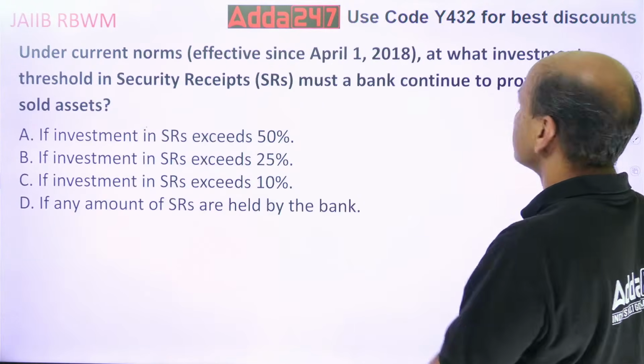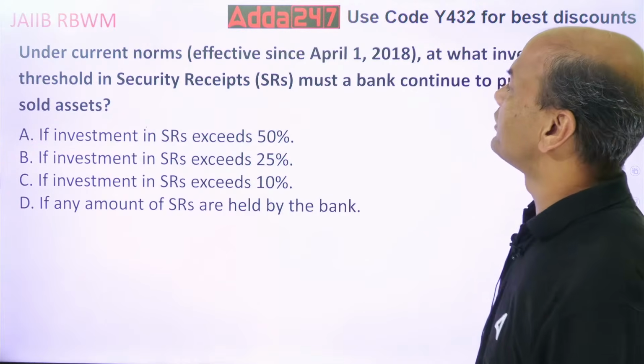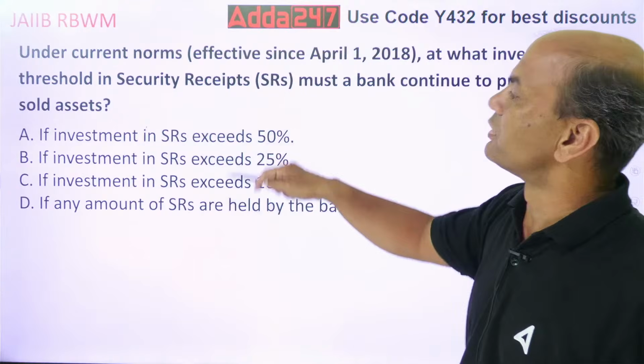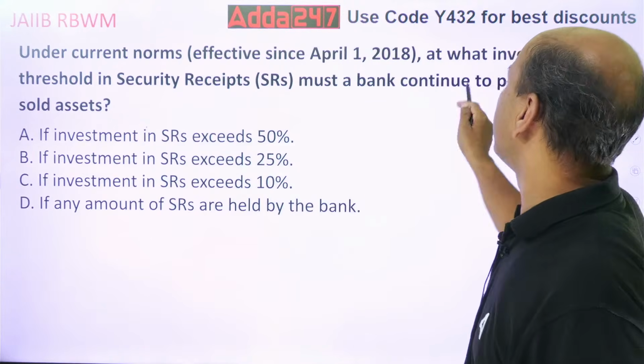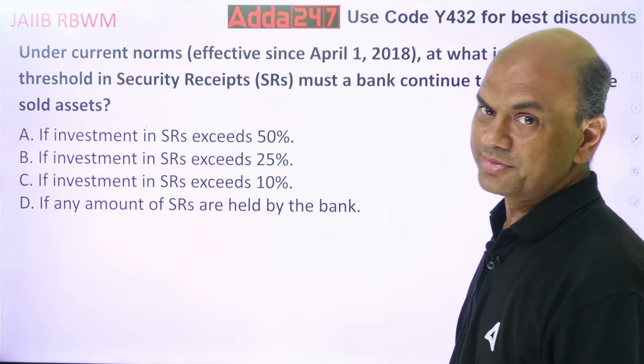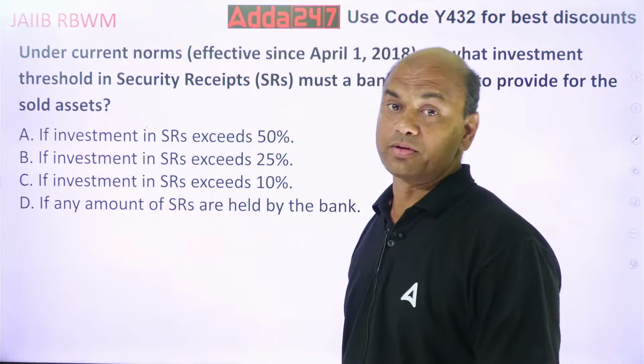Under current norms, effective from April 1, 2018, at what investment threshold must a bank continue to provide for sold assets on security receipts? Difficult one.